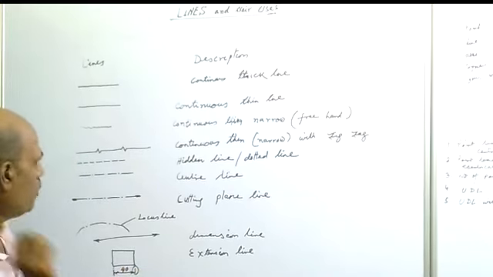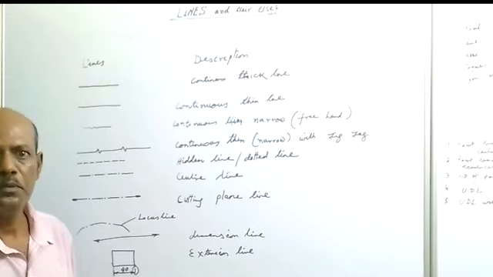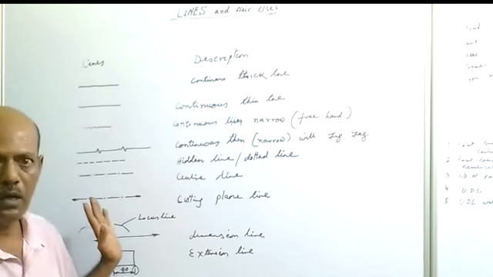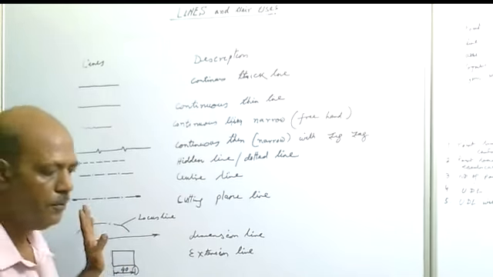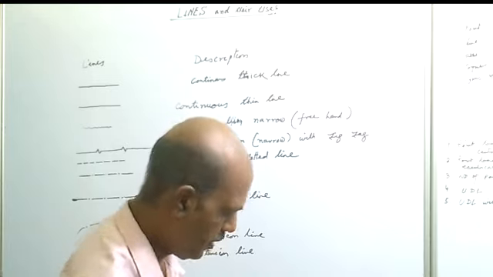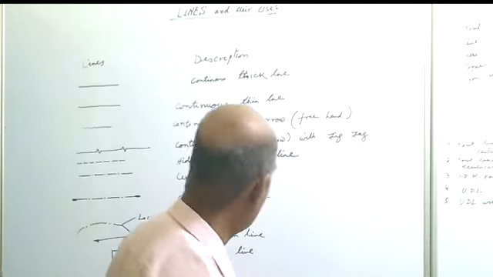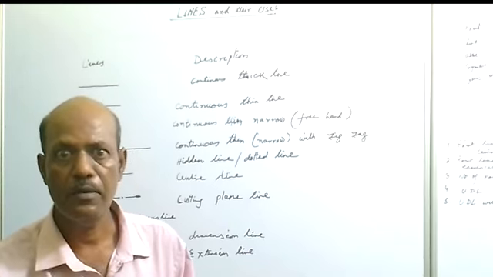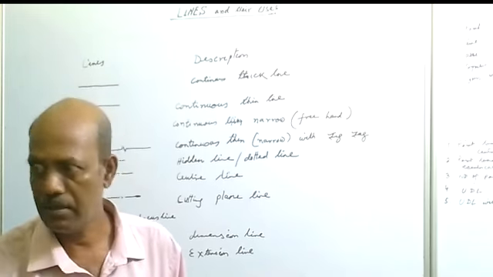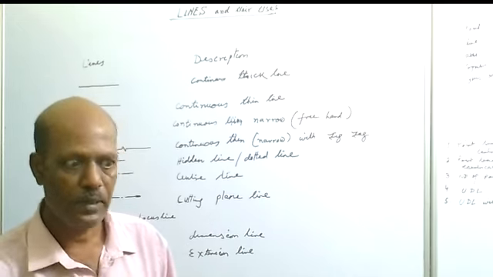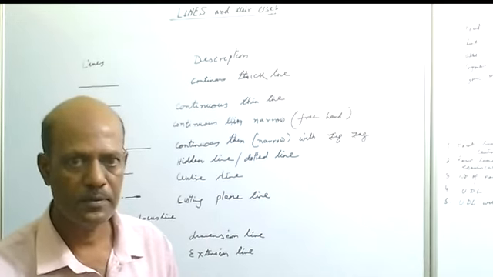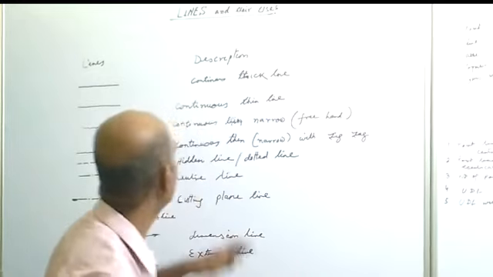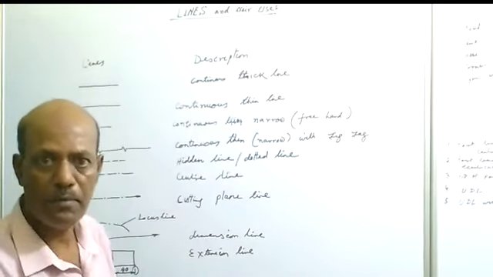Okay, so I hope the various kinds of lines are understood by all. If you observe various drawings, then you can clearly understand the various kinds of lines, and you can remember them easily by seeing the figures. Okay friends, this is all about the different kinds of lines.